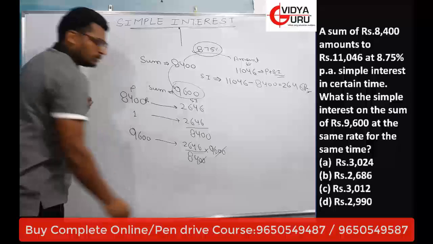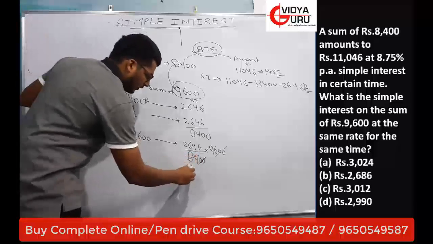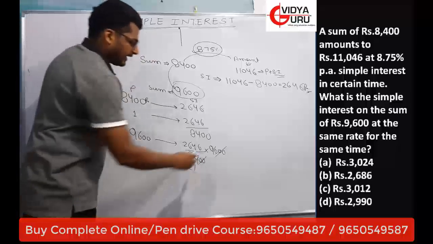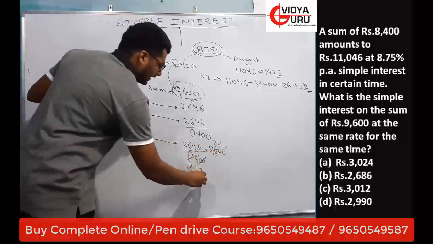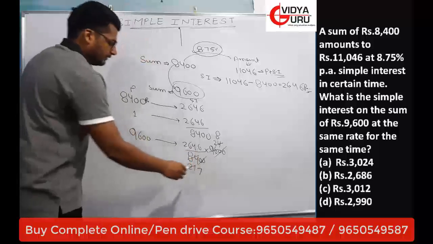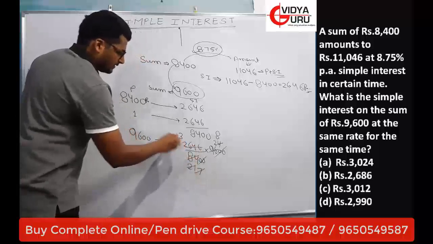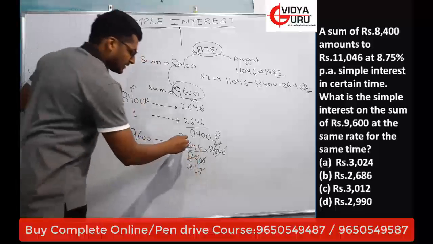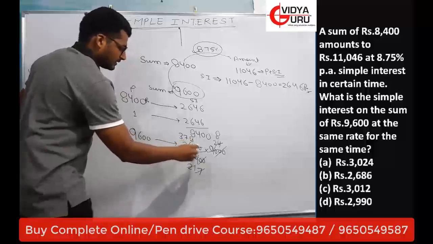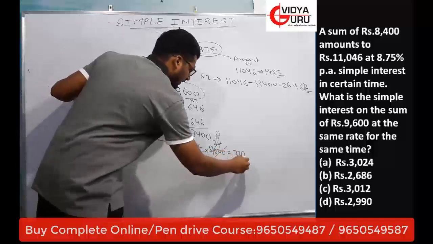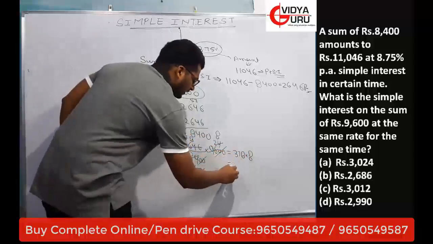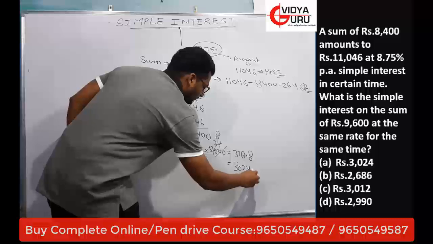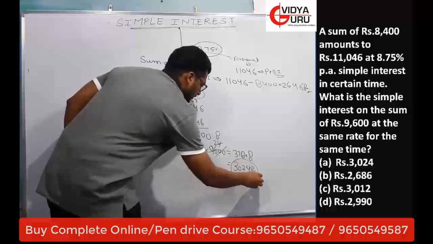If we cancel out the 200, 21 times 4 is 84, 42 times 4, 7 times and 8 times, and we cut it by 7. 3 7s are 21, 54, 7 7s are 49, 7 8s are 56. 378 into 8 will be nothing but 3024 rupees.